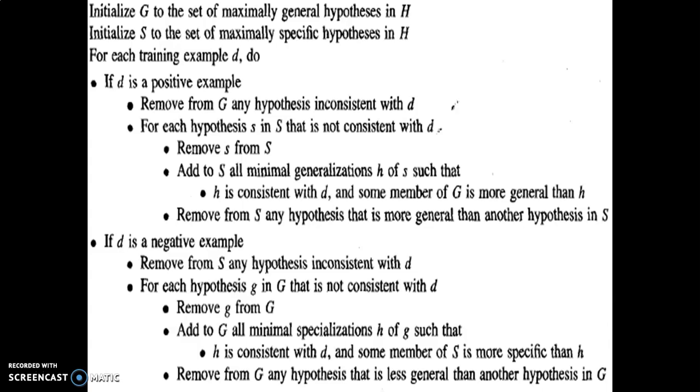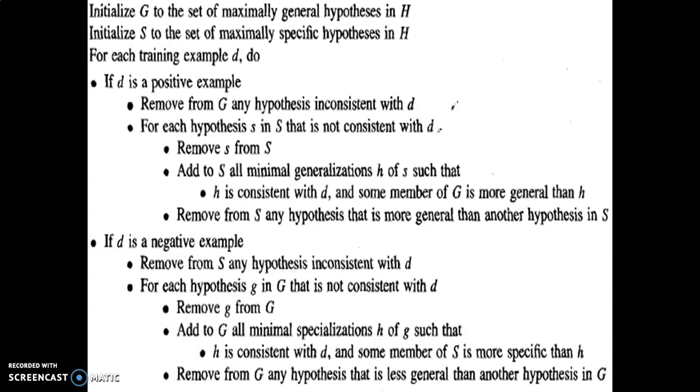If D is a negative example, we have to remove from S any hypothesis which is inconsistent with D. For each hypothesis G in G that is not consistent with D, we have to remove that particular G from the set of general hypotheses.